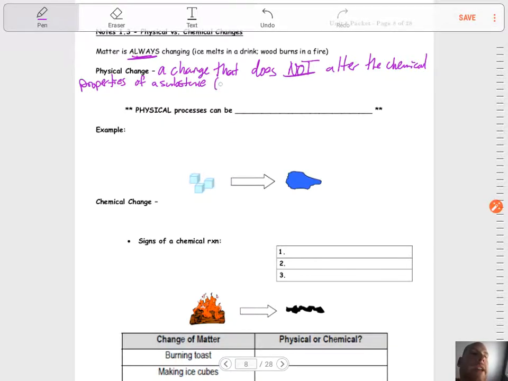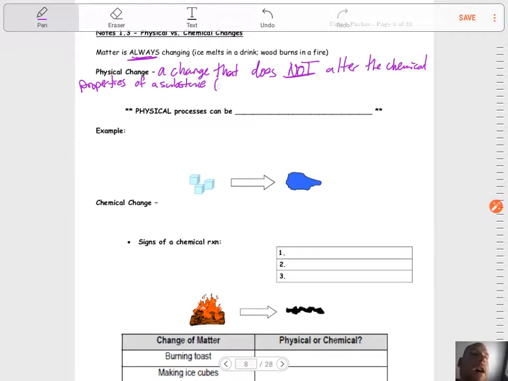For example, something like cutting a piece of paper. It's still paper regardless, doesn't matter how many times you cut it, it's still the same thing. You could, in theory, get it back to its original state if you just put it back together.